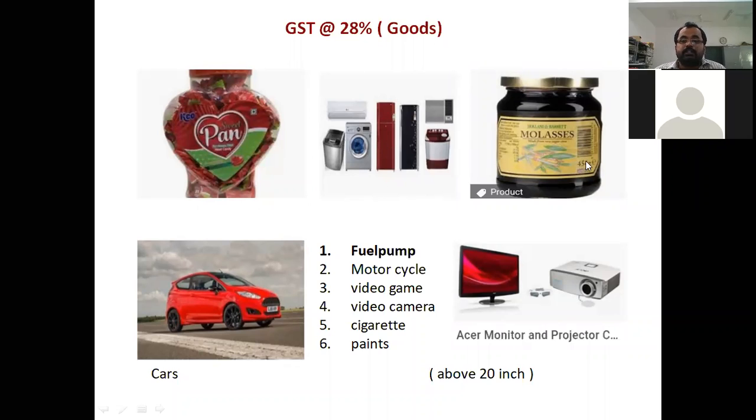And cars, computers, projectors, fuel pump, motorcycle, video games, video camera, cigarettes, paints. These are a few products which are examples for GST at 28% goods.